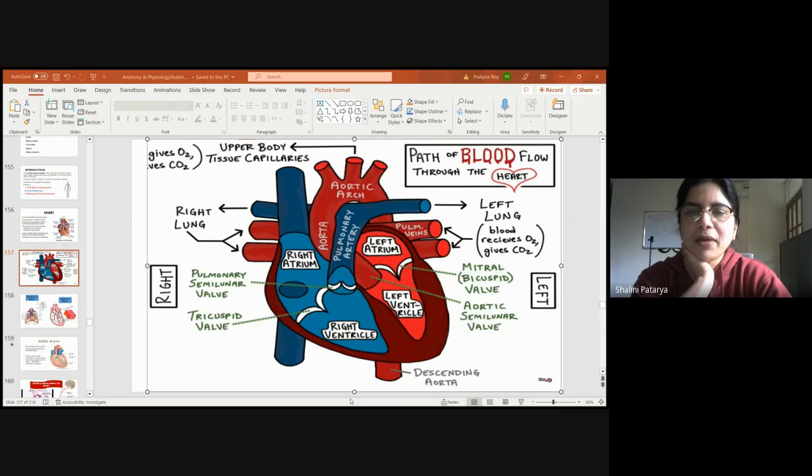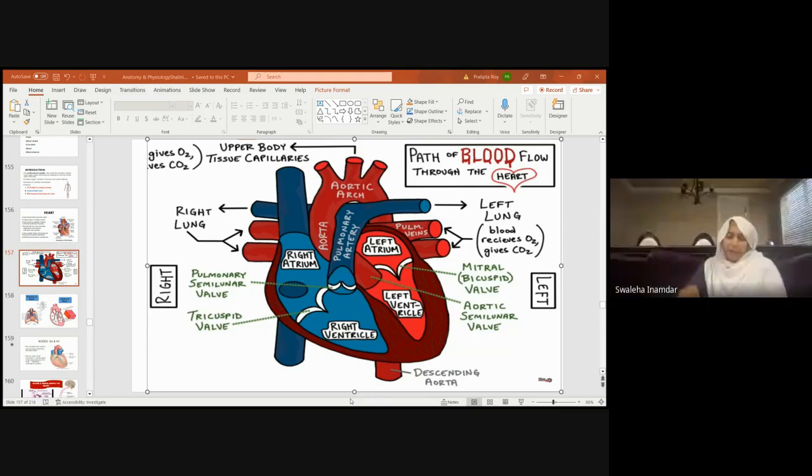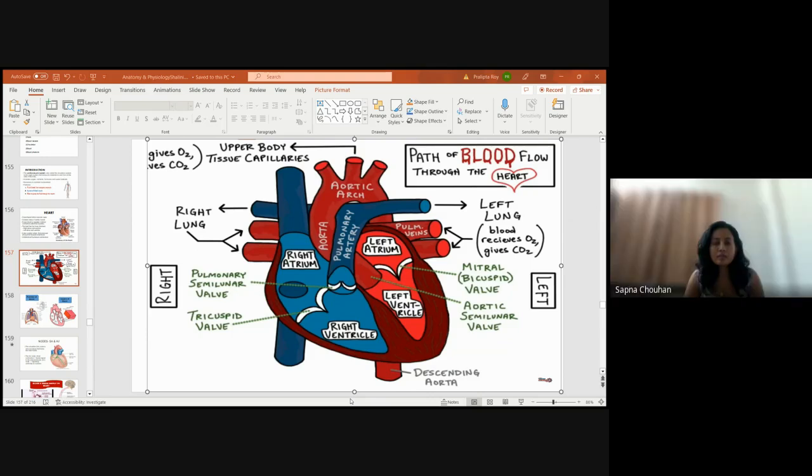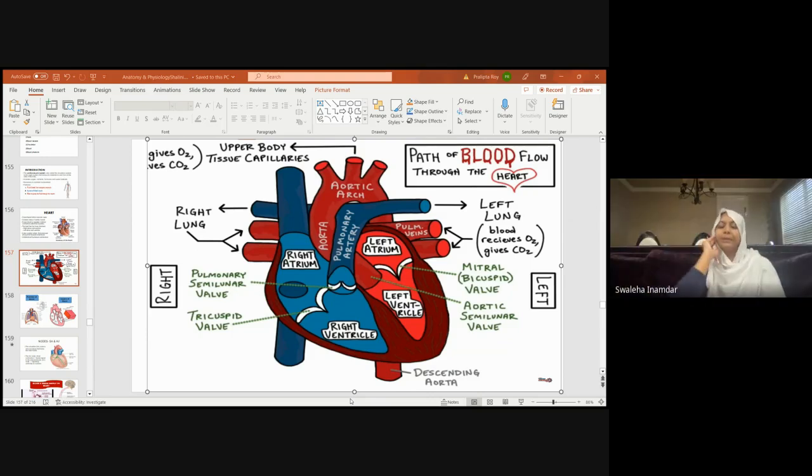Why is it not pulmonary? Because it is not going to the lungs, it is going to the upper part and the lower part of the body. Very good.